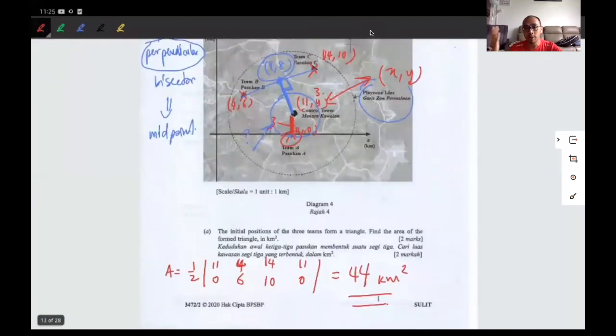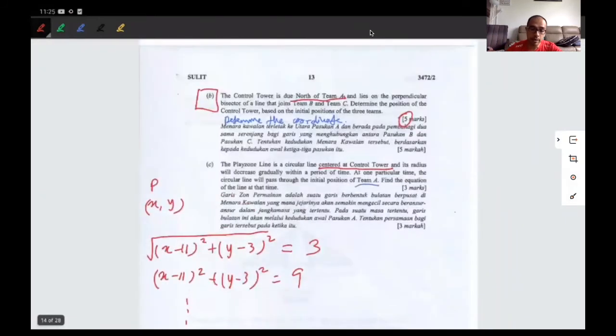If you cannot answer B and C, you should try to answer A, because A is just using the coordinates already given and putting them into the area of the triangle formula. Always look for places that you can try to answer. But in terms of difficulty, I would say B is probably the more difficult one. It is very complicated.